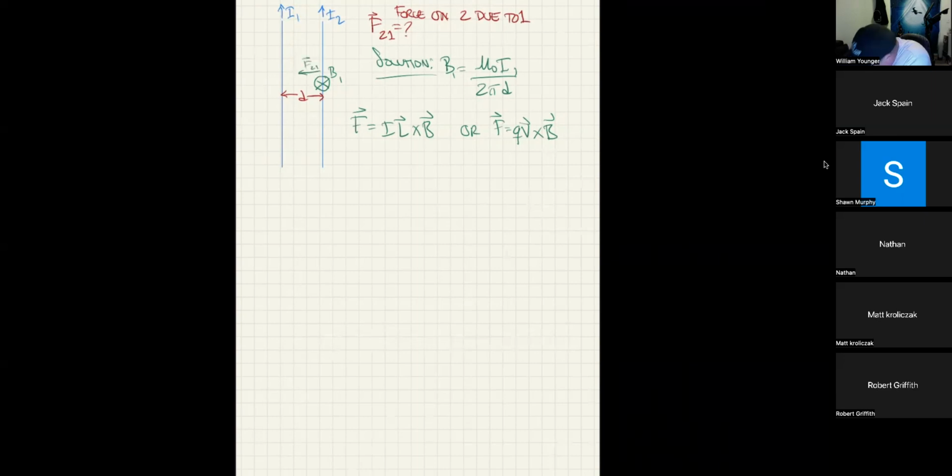Okay. And notice the magnetic field is perpendicular to the current, and therefore the cross product's really irrelevant.